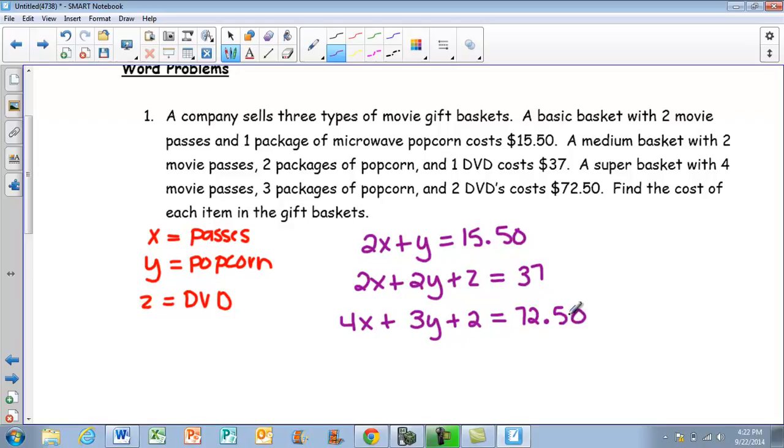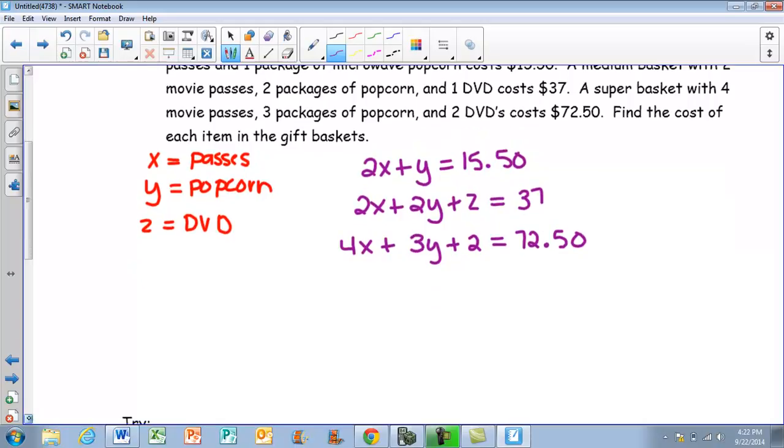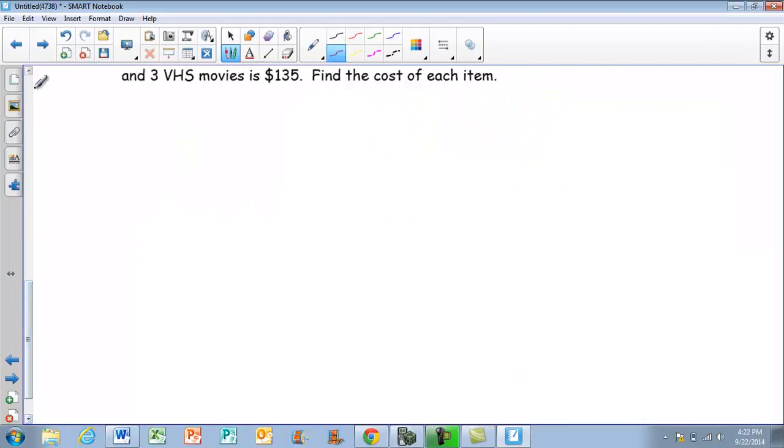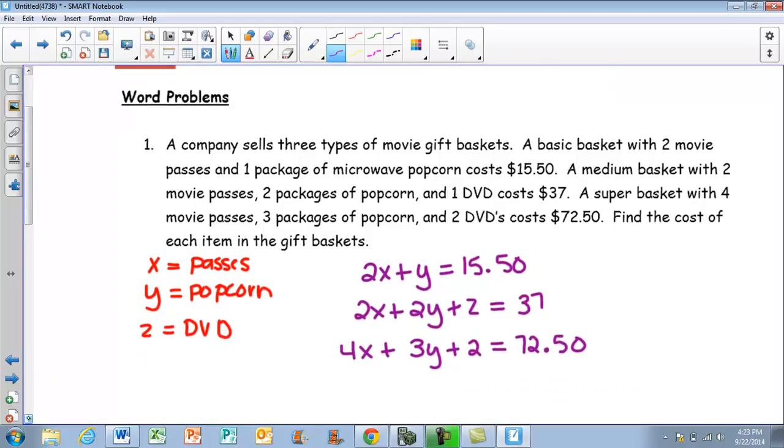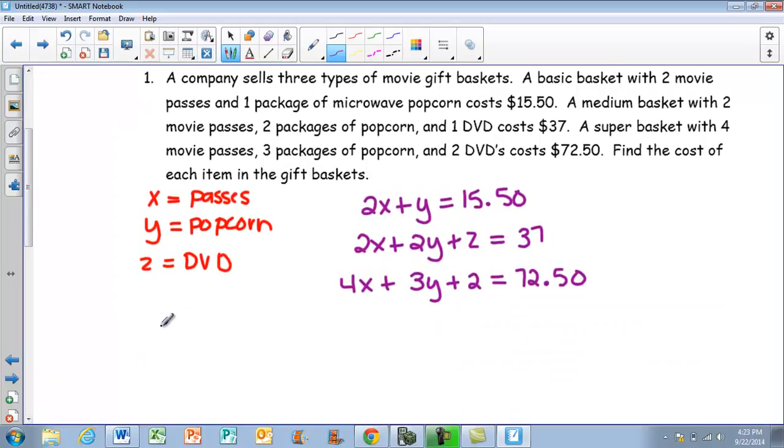So again, we just looked at this with solving systems using matrices. We're going to do the same thing here. So just to set up what my matrix should look like based off of what we just set up, remember your first matrix is going to come from those coefficients. So in the first one, I have 2, 1, and then for Z, I don't have anything, so I'm going to put that 0 in. Next one, I have 2, 2, and 1.